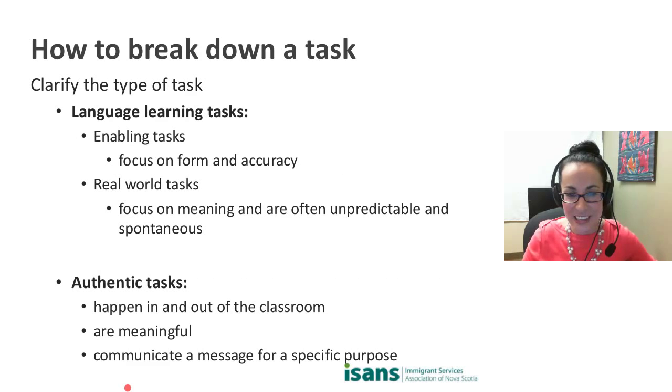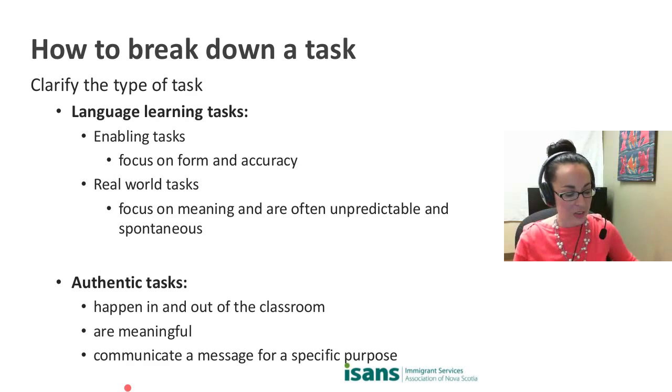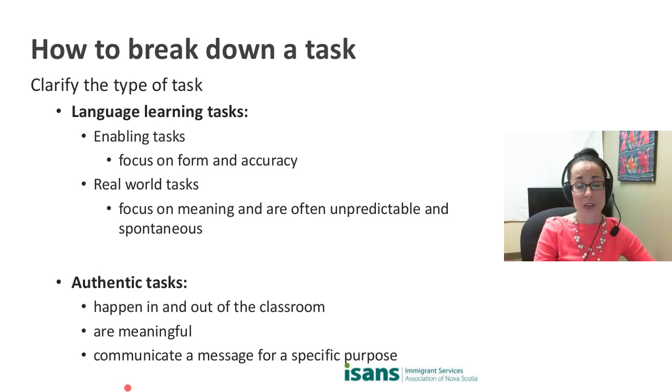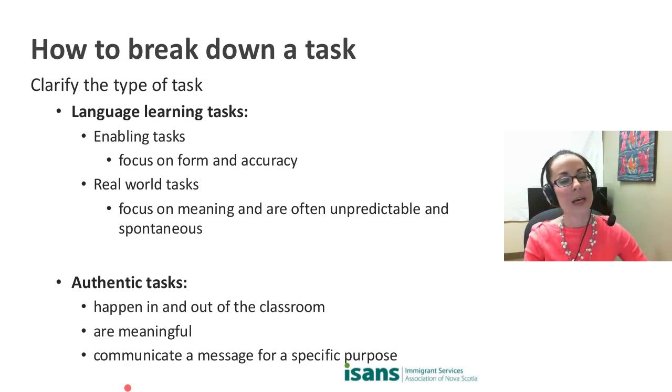Perfect. So the next part of breaking down a task is to clarify what type of task we're looking at. So again, here I hope that I don't bog anyone down with language. I'd like to provide hopefully enough examples that these are clear and relevant to everybody.